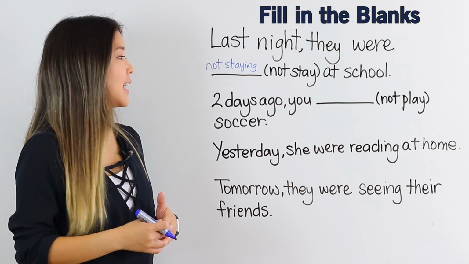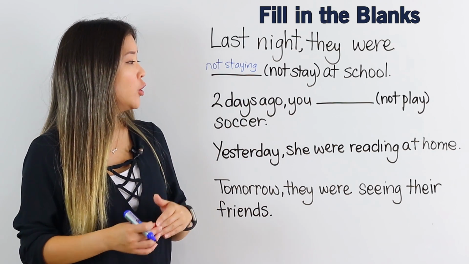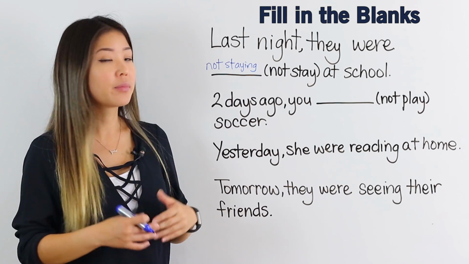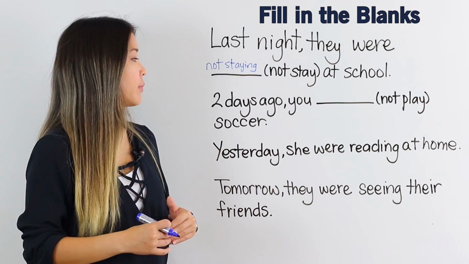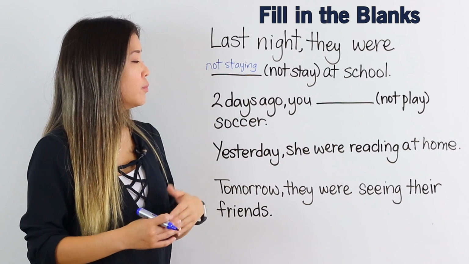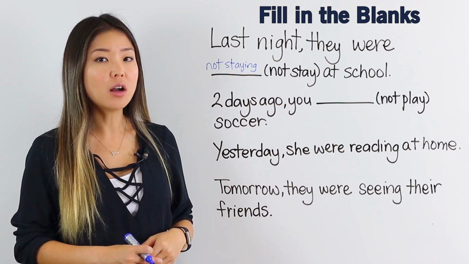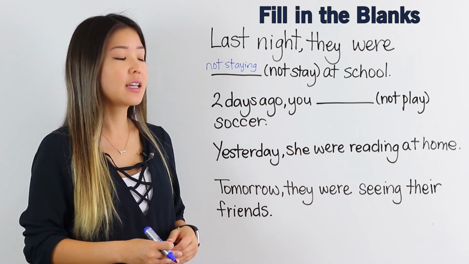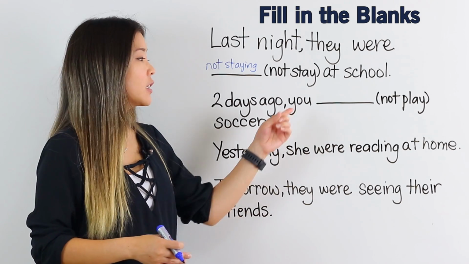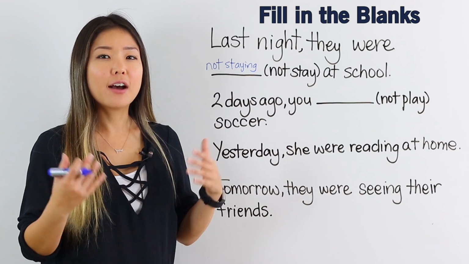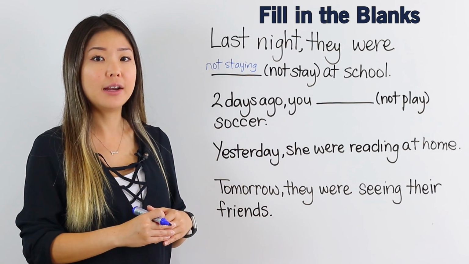The next sentence says, 2 days ago, you blank soccer. Again, try the negative for the verb play. 2 days ago, blank, not play soccer. In this case, the first thing that's missing is the be verb. If the subject is you, can you think of which be verb needs to be put in there?